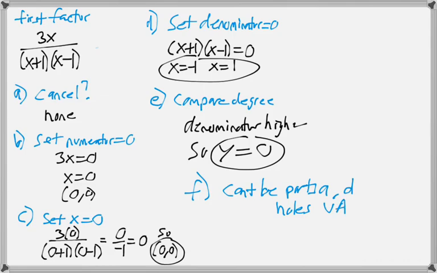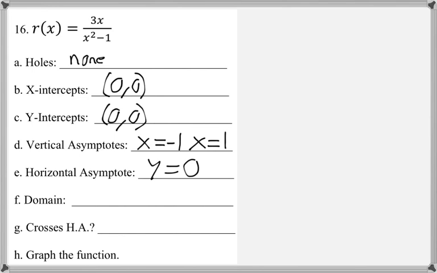And because we don't have any holes, just the vertical asymptotes, again we have to write this in interval notation. So negative infinity to negative 1, negative 1 to 1, and then 1 to infinity. So that would be our domain.